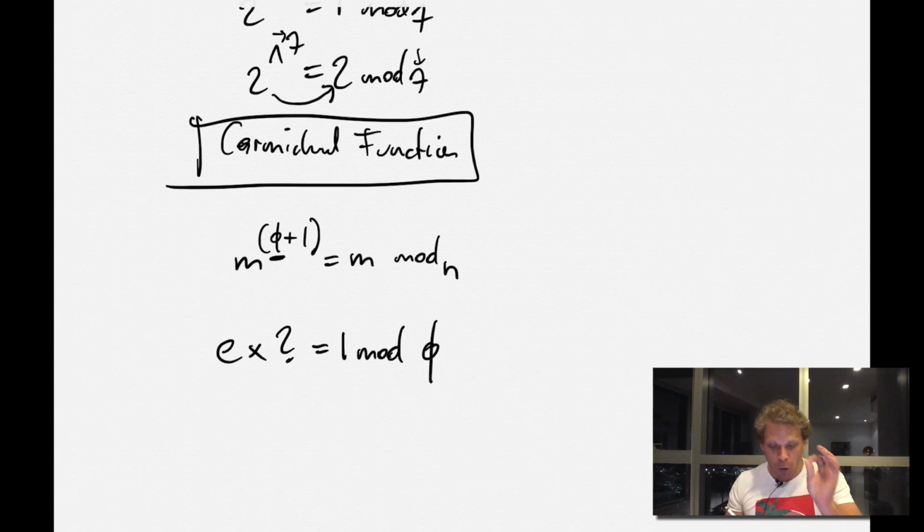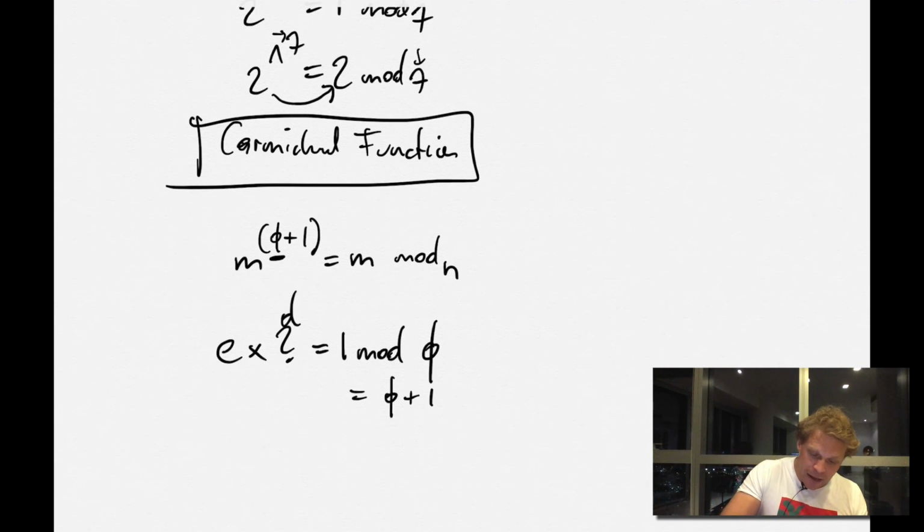But 1 mod phi is nothing else than phi plus 1. And this is now where the trick is happening. The trick is that we can get E times D in there. And it doesn't matter which way we go first. Do we go D first or E first?